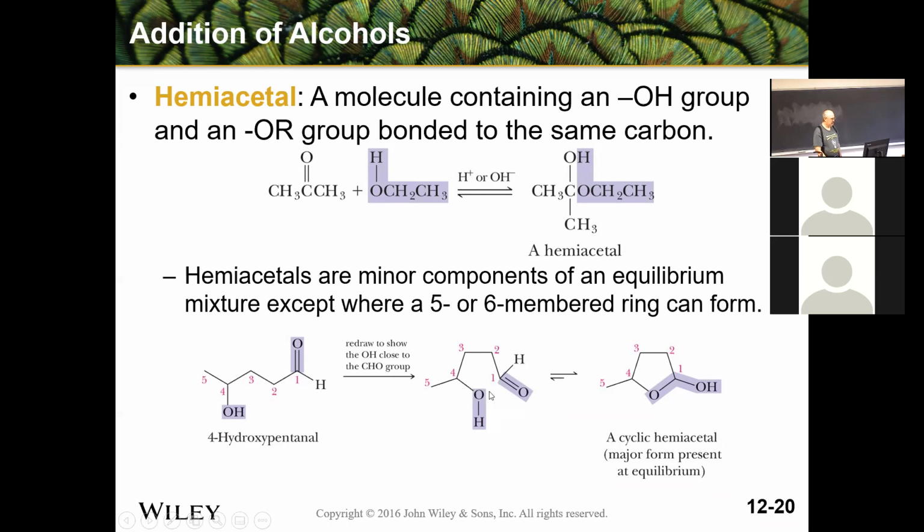Okay, the lone pair on the alcohol attacks the carbonyl. We have some proton transfers that take place, and that closes up the ring. Okay, and this is the major component at equilibrium. The ring is still continuously opening and closing, but again, this is the main component.